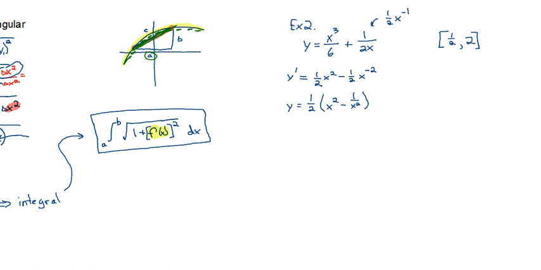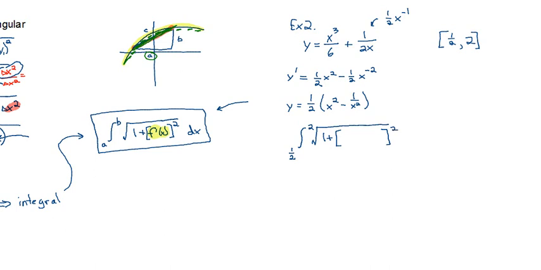Now we plug it into this formula here. So we want the integral from 1/2 to 2 of the square root of 1 plus the derivative squared.